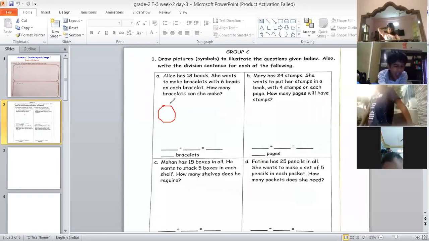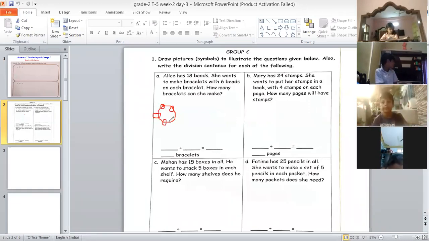So we will count and make 6 beads. 1, 2, 3, 4, 5 and 6. You have to make beads like this. Fine. So we are done with the first bracelet.